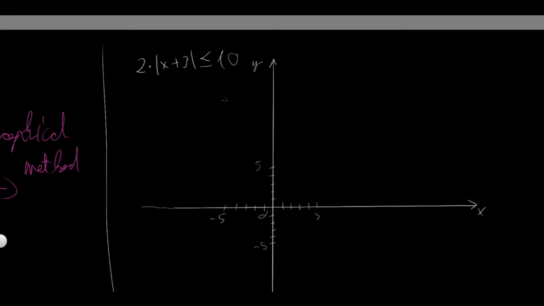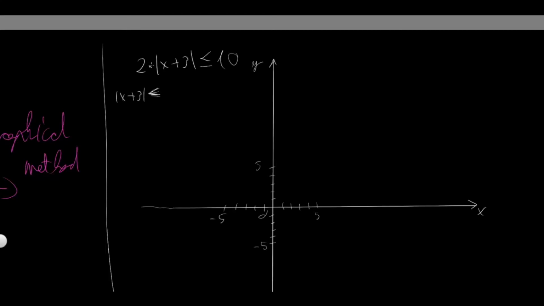Okay, so I don't like this multiplication by 2, so let's just write that we have to illustrate the absolute value of x plus 3, which has to be less or equal than 5. So basically we have y equals this and another function which is equal to 5. We shouldn't say that both of these are y.